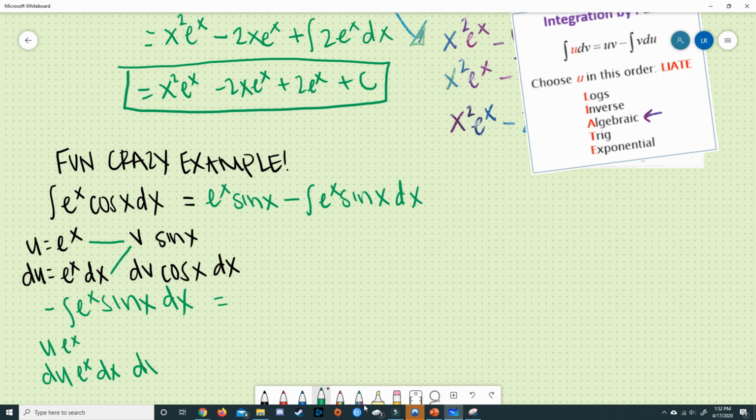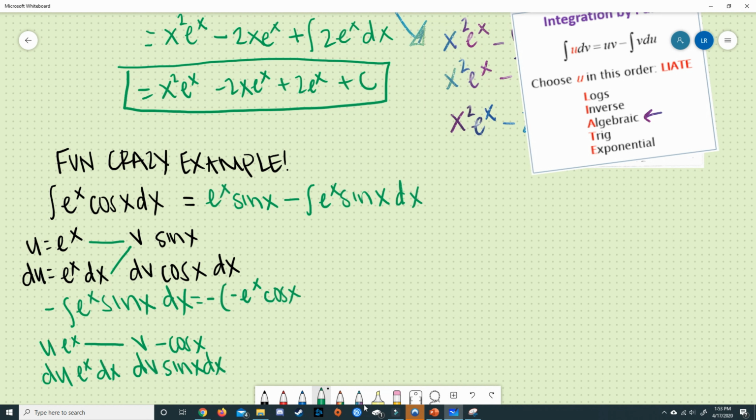Which makes dv sine of x, meaning v has to be negative cosine of x. And of course, we're going to do u times v. Negative cosine of x. And remember, this whole thing is actually negative because of the negative in the front.